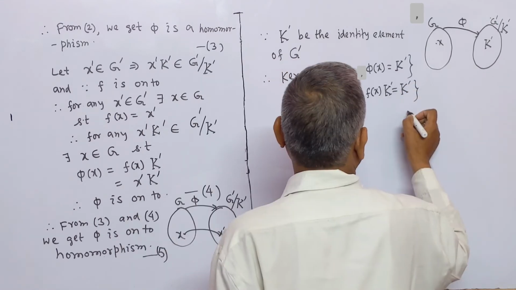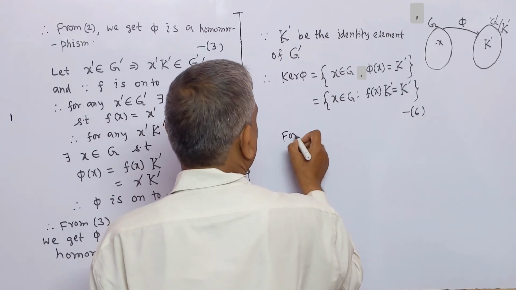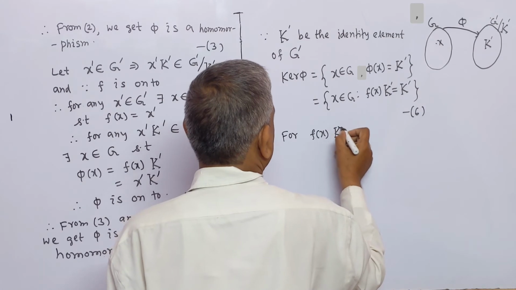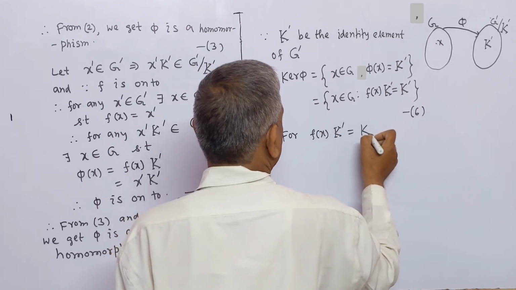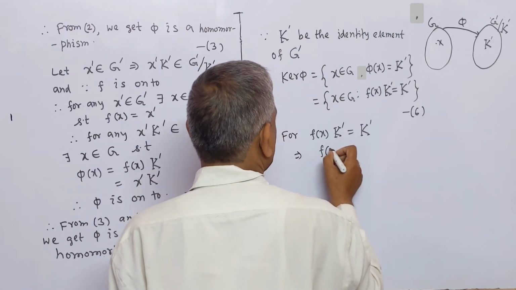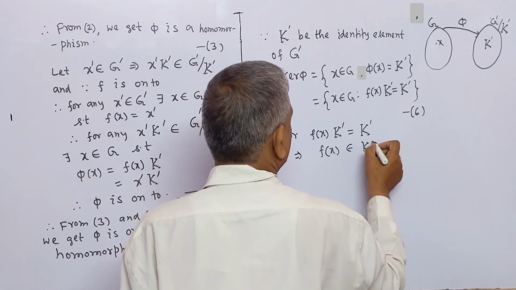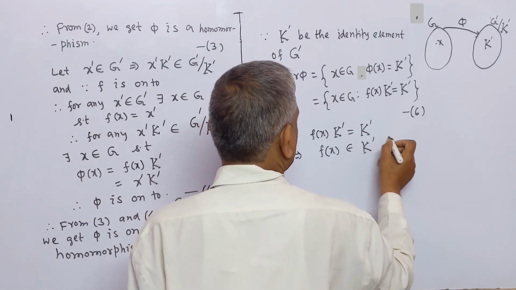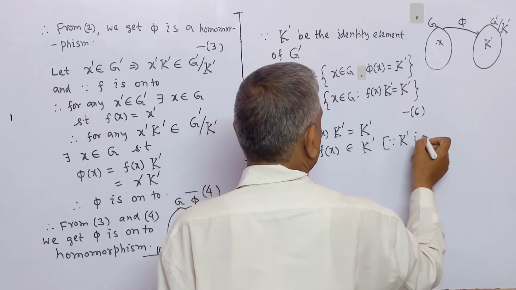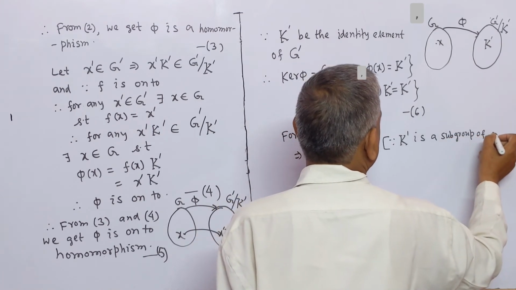This is number 6. For f x K prime equal to K prime implies that f x belongs to K prime, because K prime is a subgroup of G prime.